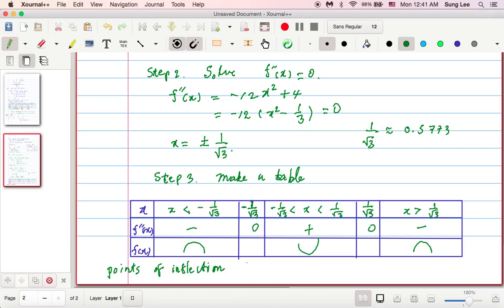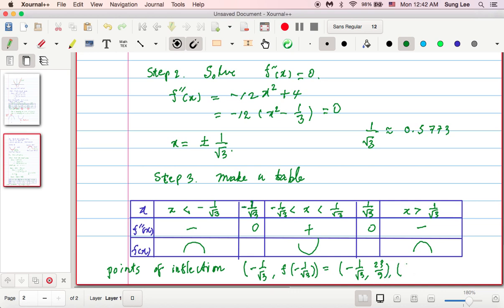So that's going to be, we have 2. Remember again, points of inflection are the points on the graph, right? So negative 1 over square root of 3, and f of negative 1 over square root of 3 would be 23 over 9. Okay, 23 over 9.